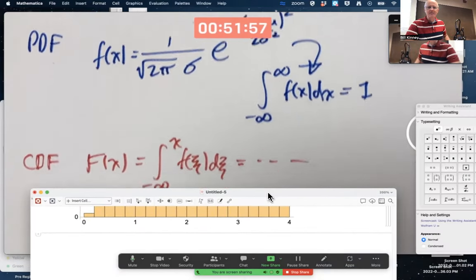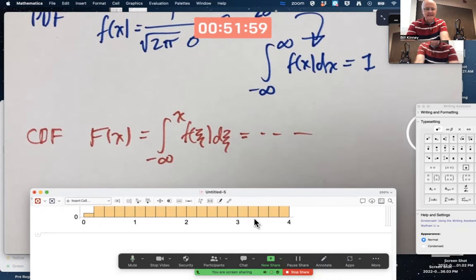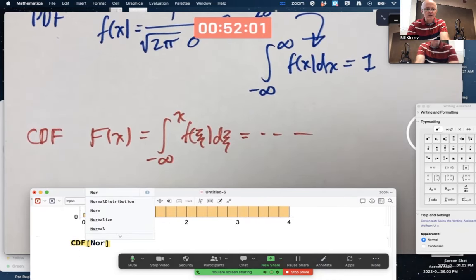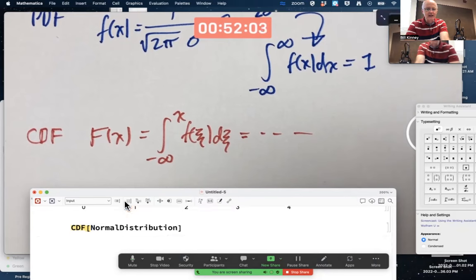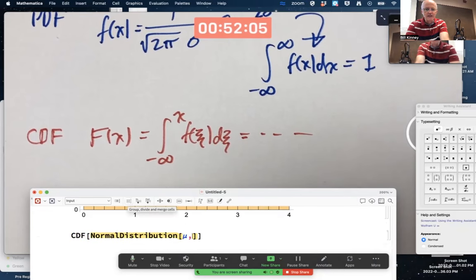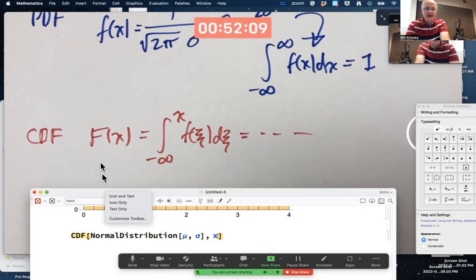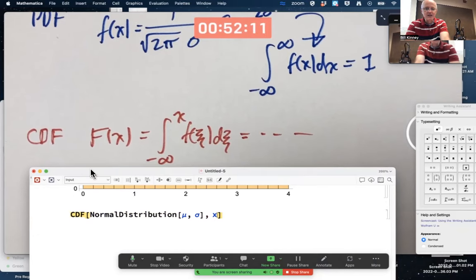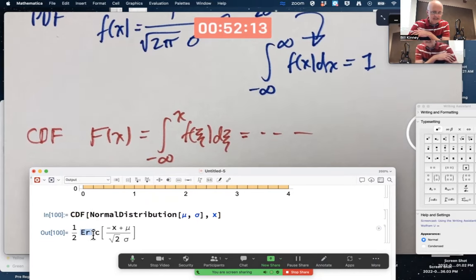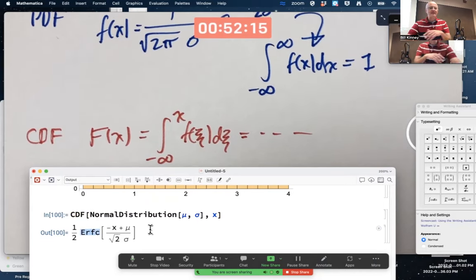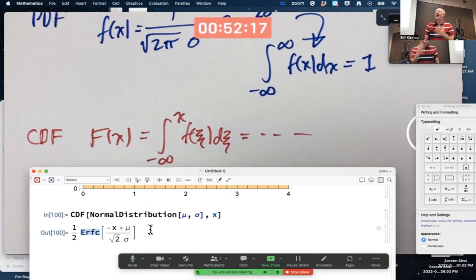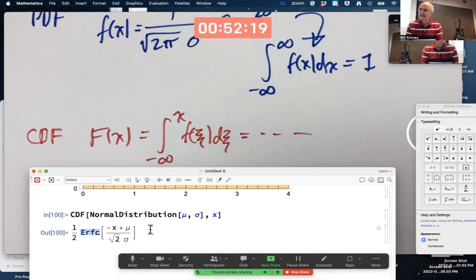Mathematica. Really? What is CDF of the normal distribution? Mean mu, standard deviation sigma. Mathematica does the standard deviation there. Erfc. What's that? That's called the complementary error function. What's that?